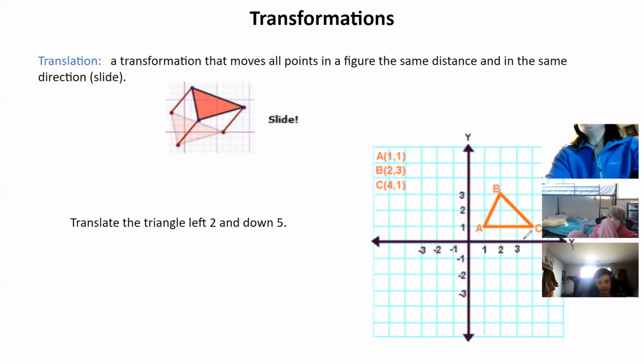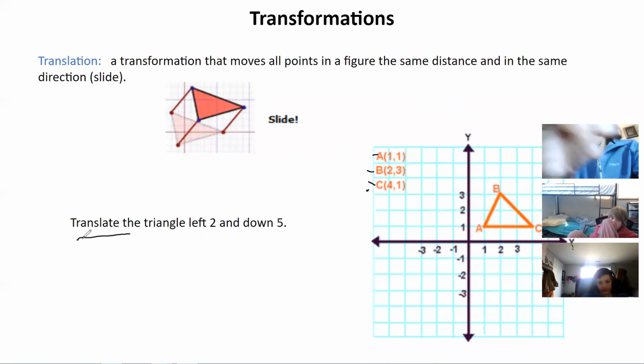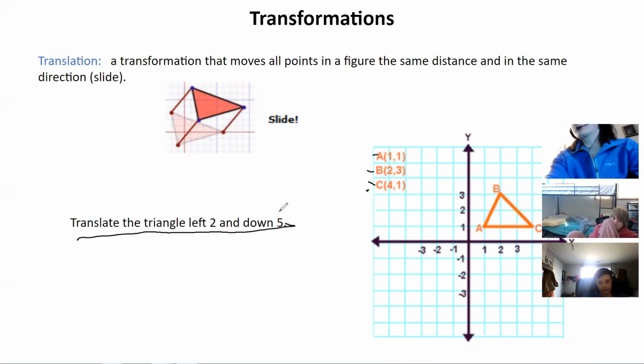If they want you to move A, B, and C, we need to move every single one of those points with this translation. You're only going to move points. We don't move lines. We move the points and then the lines come after. So you could go completely out of order. Doesn't matter. You would just pick every single point. And here you see it labeled. So this corner of the triangle is A, and that becomes our point that we move.